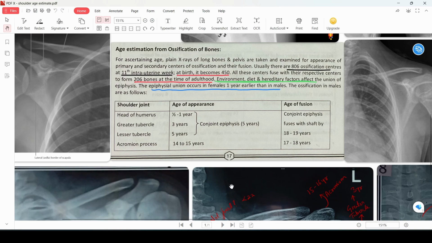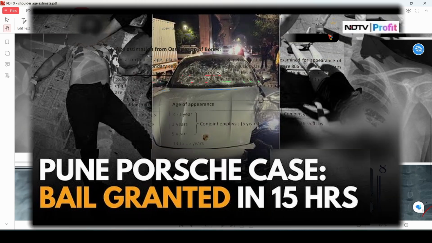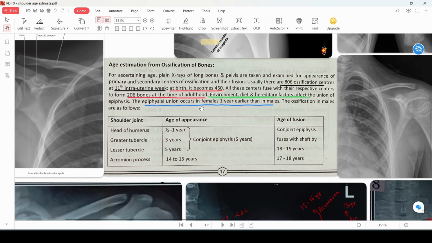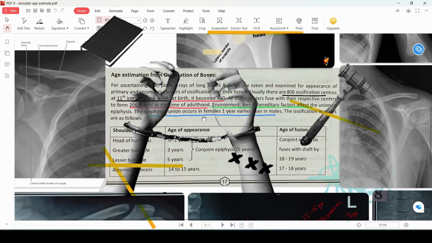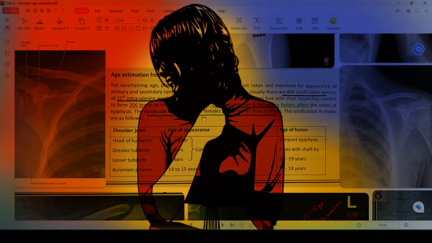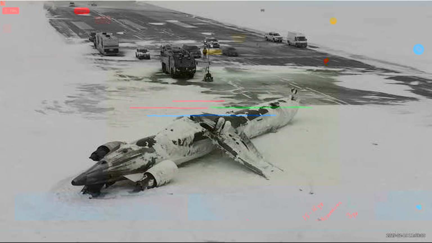Now in India, every time something keeps happening around the country. Recently we had a case of some rich kids driving a Porsche and killing a few people. In the end they just had to write an essay and that's all. I don't know how that works, but anyway. To understand the age of a person for legal and criminal investigations, like juvenile justice, or in case of rape, the POCSO Act, there can also be mass disasters, a war zone, a bomb blast or a plane crash.